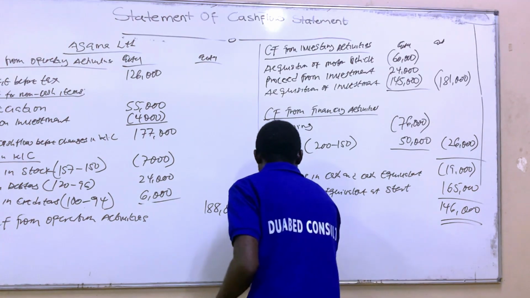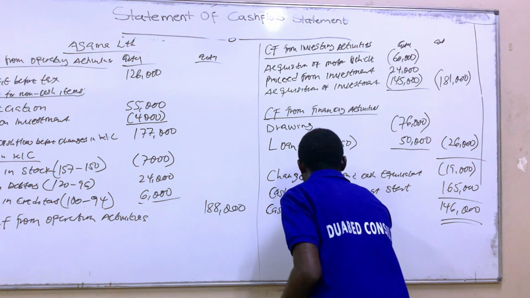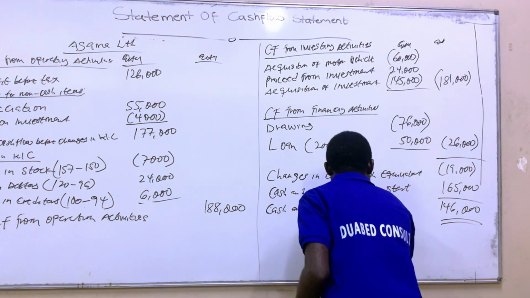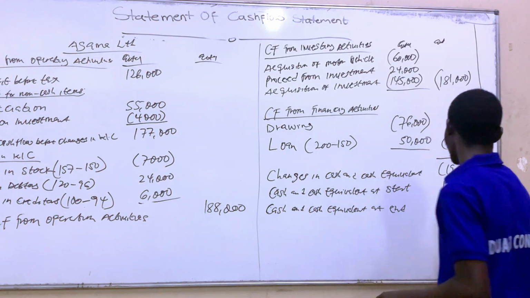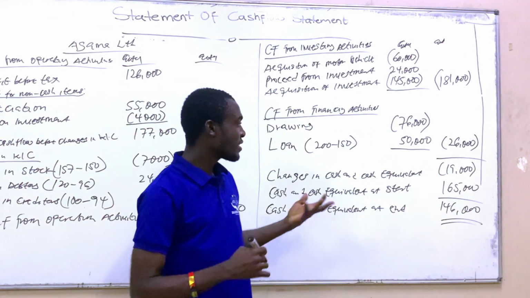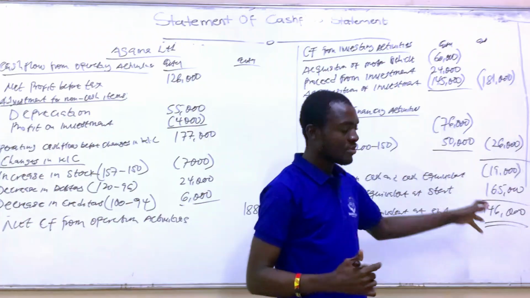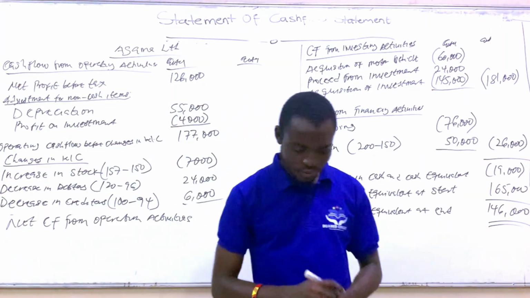That's the cash and cash equivalents at end. So you can cross-check to confirm whether what you have done is correct or wrong.